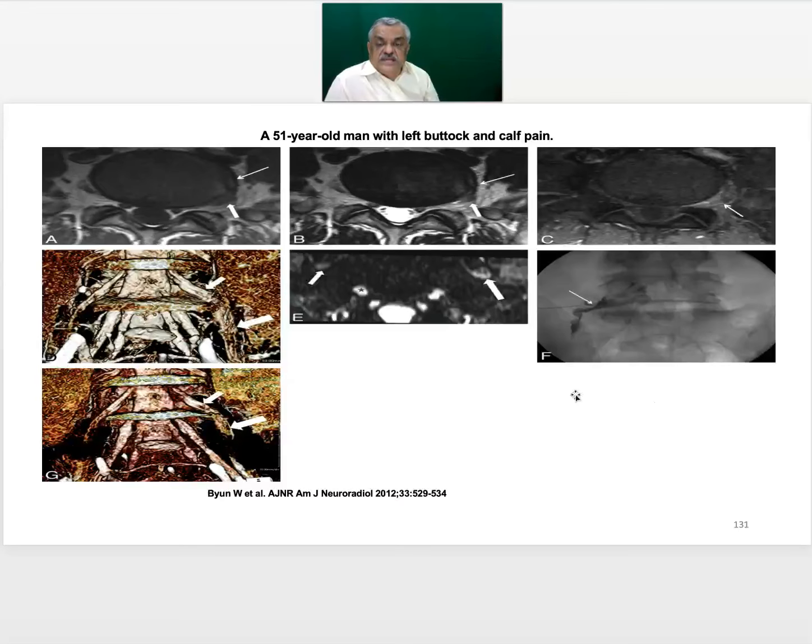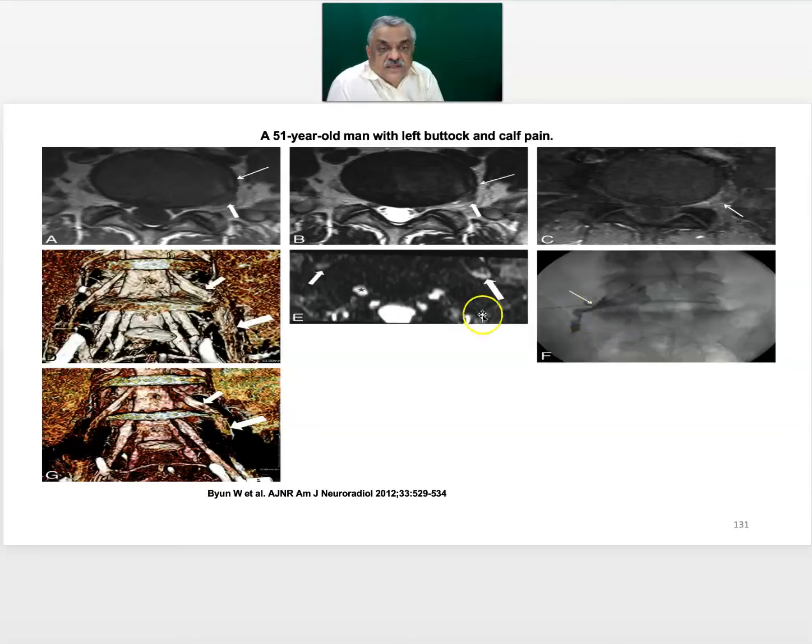Now this is the 3D reconstruction of the MRI, and we can see in this patient, a 51-year-old man with left buttock and calf pain, where we have an extraforaminal change, and this is the radiculogram where you see the nerve root is lifted up on the right side.